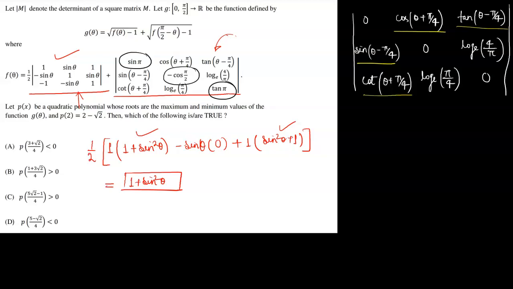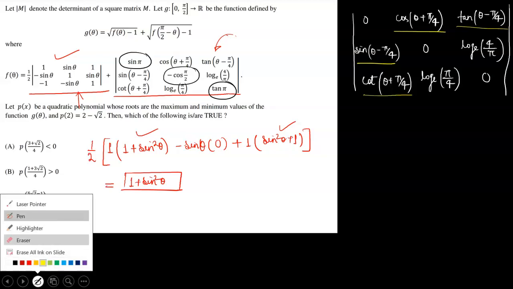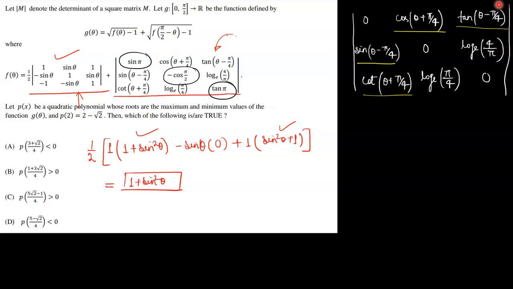If you convert this tan into sine upon cos and this cot into cos upon sine, then after further expanding using the formulas of cos a plus b, sin a minus b and cos a plus b, cos a minus b, sin a minus b, you will have these two terms with equal values.